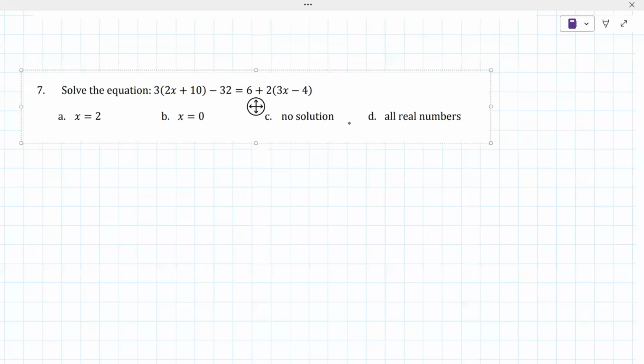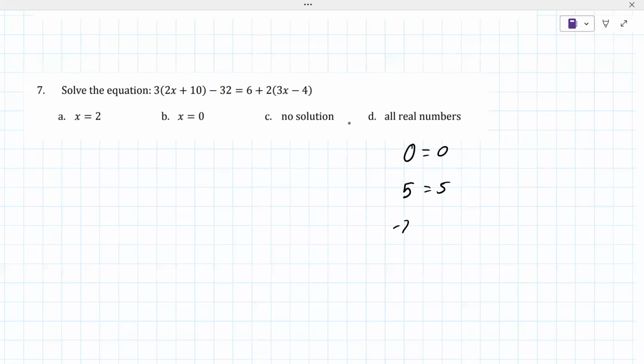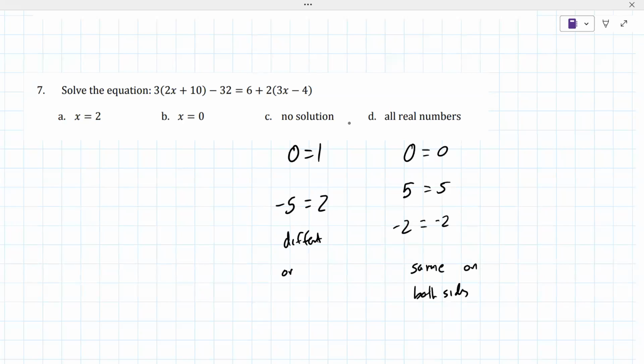So I'll help out here. If you get an answer like 0 = 0 or 5 = 5 or -2 = -2, that's all real numbers. No solution would be like 0 = 1 or -5 = 2 or two different numbers. So same on both sides, and then different on both sides.